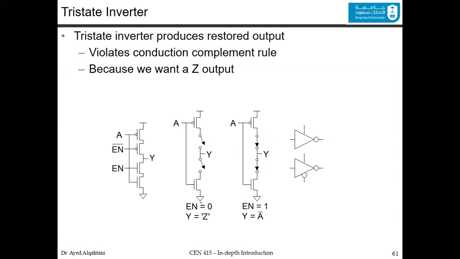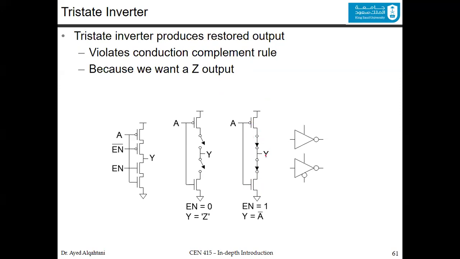That's the tri-state inverter. Now, the good part about the tri-state inverter is that it is actually restoring. It can produce a restored output. How? Because the Y is not getting its value from A. Remember, the A is going to the gates, and there is no flow of current through the silicon oxide because it's an insulated region here and here.